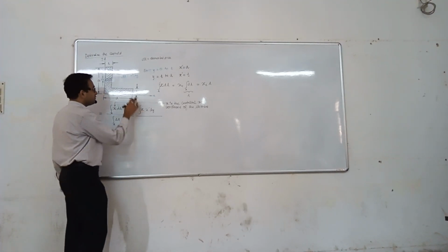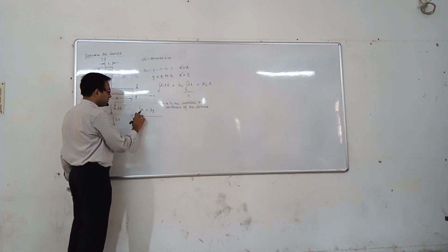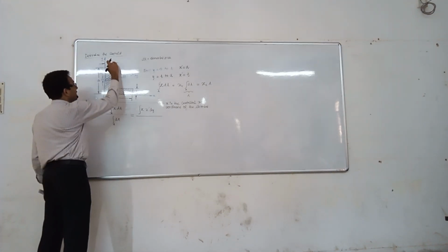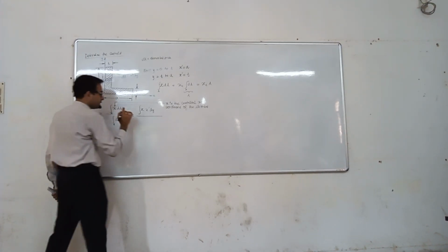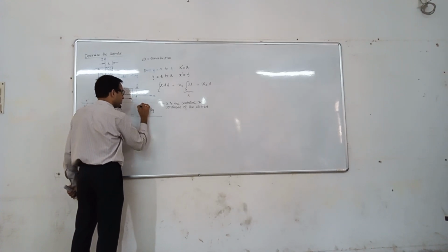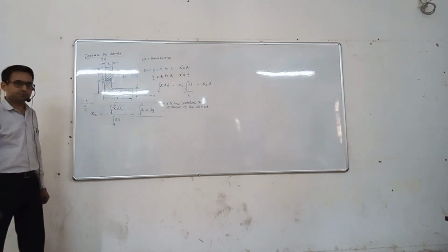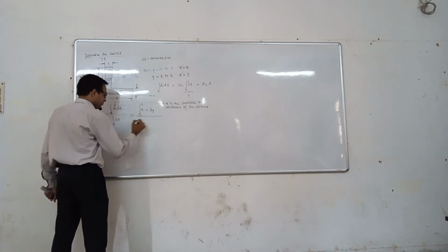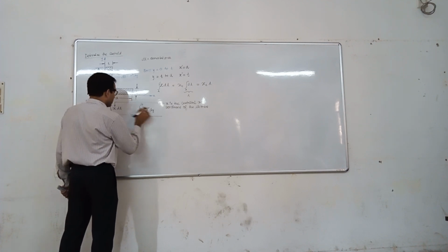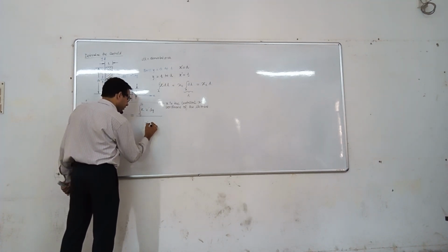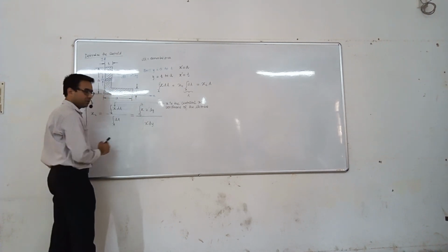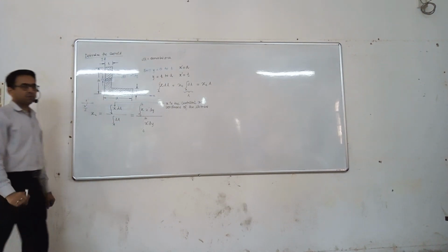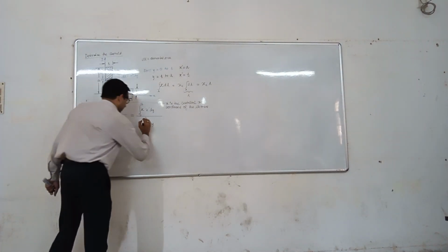Now the integration variable is y, so the limit will be on y. What is the limit of y? 0 to a. At the bottom you have x prime dy, similarly it will be 0 to a. Clear? Okay.